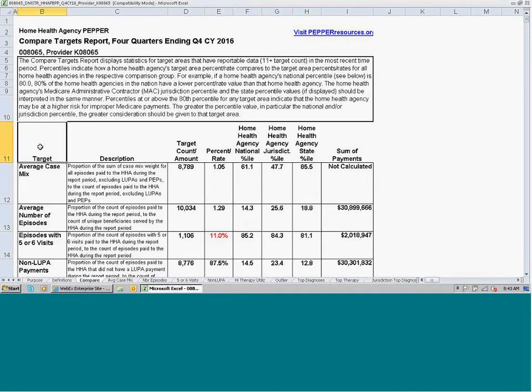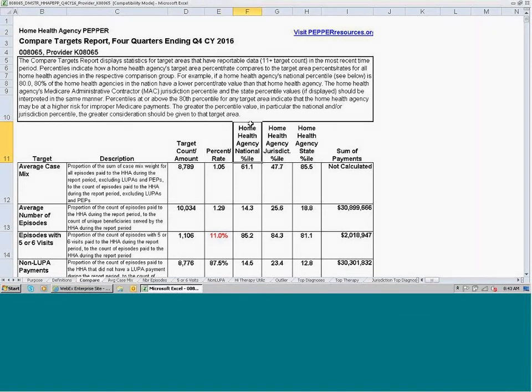On the report, you'll identify the target area by its name. We have a brief description of the numerator and the denominator. Here you'll see your target or numerator count or amount, with regards to the Outlier Payments target area. Here will be your percent or rate. Remember, we calculate rates for 2 of the home health agency target areas.